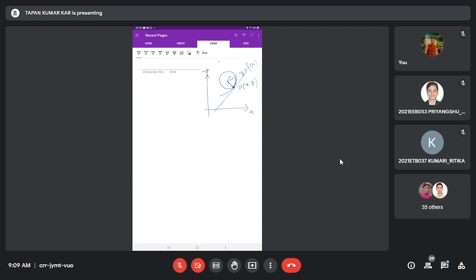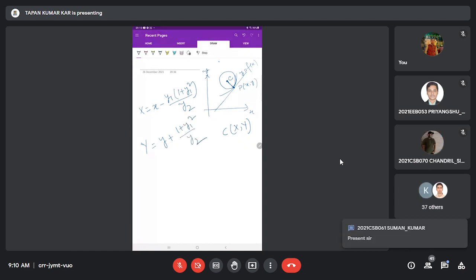You just remember the formula that I will write here. Suppose (X, Y) is the coordinate of the point C. Then the formula for X is X equal to x minus y1 into (1 plus y1 square) by y2, and Y equal to y plus (1 plus y1 square) by y2.